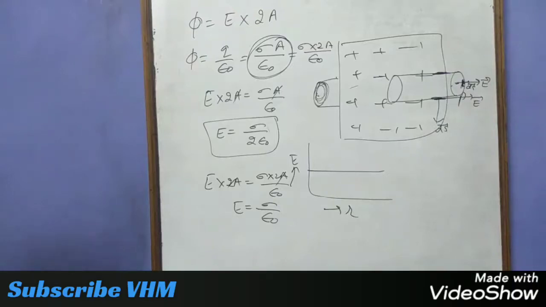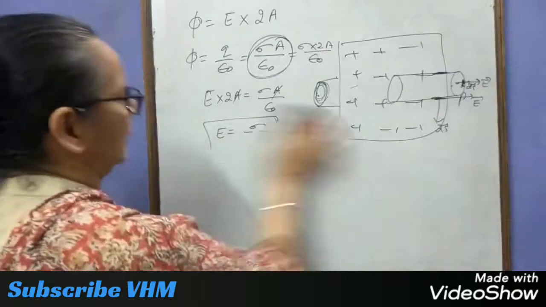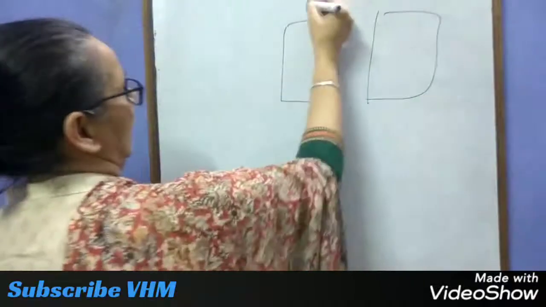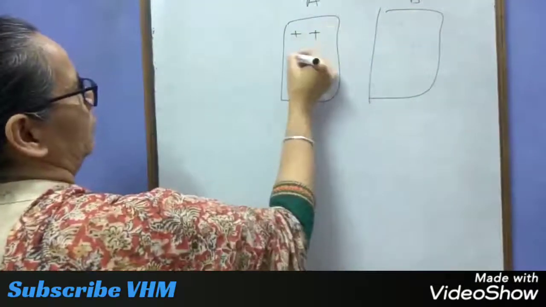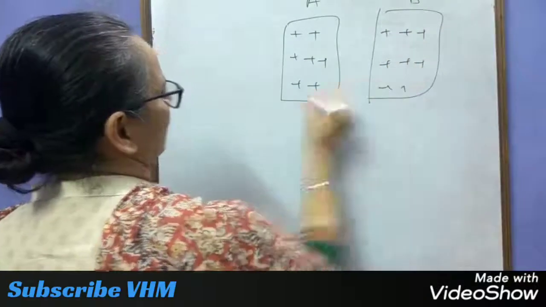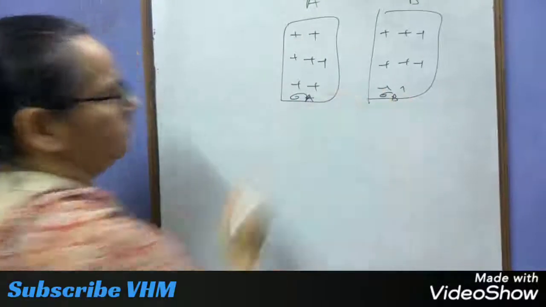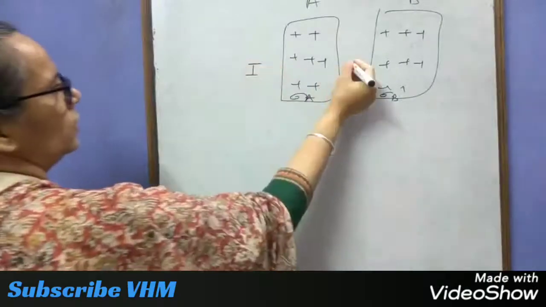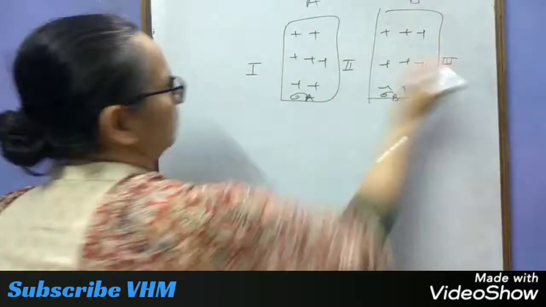Okay, and if we place these two infinite plane sheets or conducting plates parallel, then how do we calculate the electric field here? If the two sheets are placed parallel to each other, two plane sheets A, B, which have the charges sigma A, sigma B. Now, when the two plates are placed parallel, the region is divided into three parts.